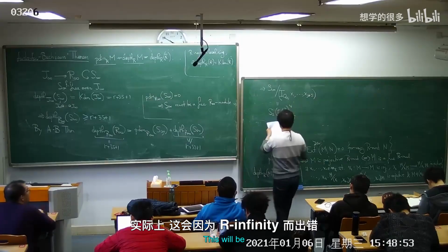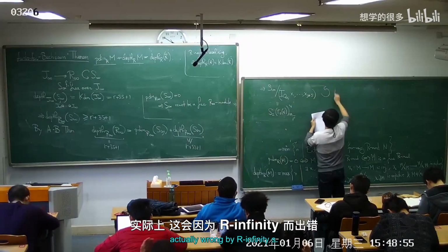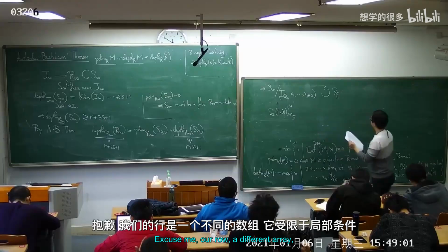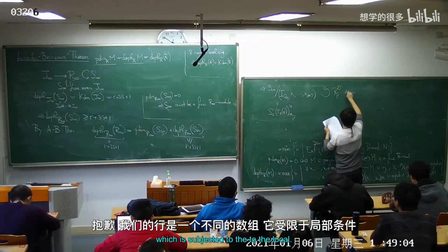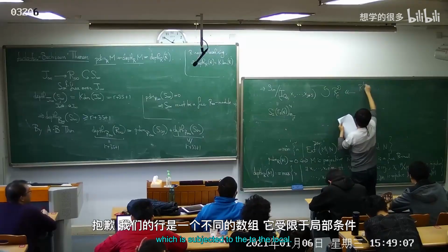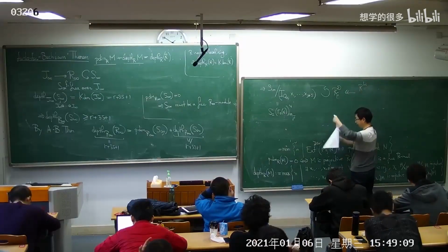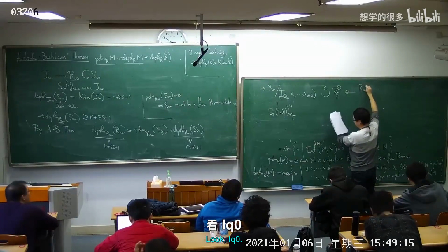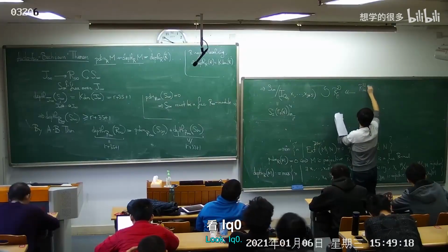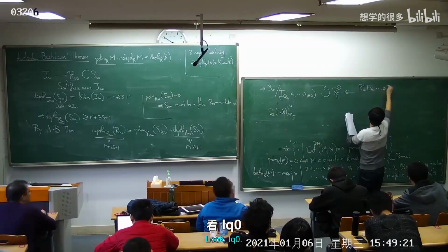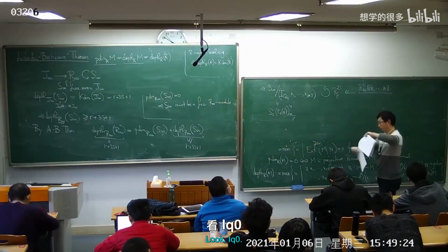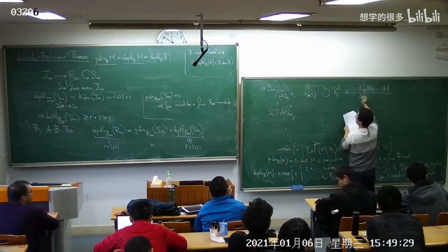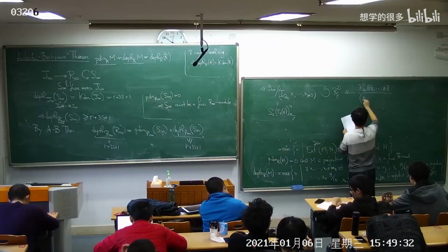This will be acted on by R infinity, excuse me, R rho deformation ring, which is surjected onto the local ring. I_Q0, just a second. I_Q0 is just Z1.